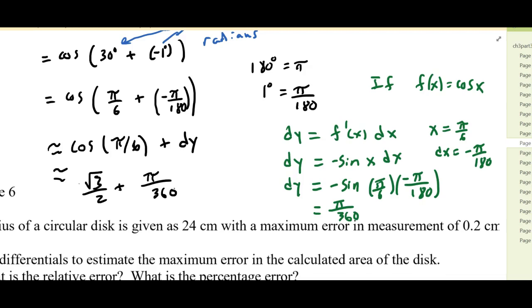I can take pi, 3.14, divide that by 360, get a decimal, and add those two numbers together. So it can be done without a calculator, but let's just use our calculator for the approximation. Root 3 over 2 is like 0.75-ish? I was off by quite a bit.